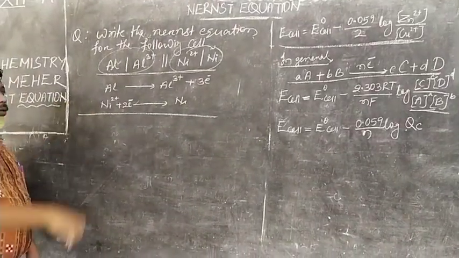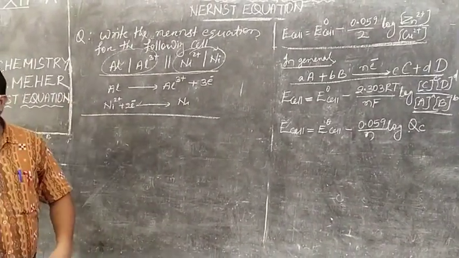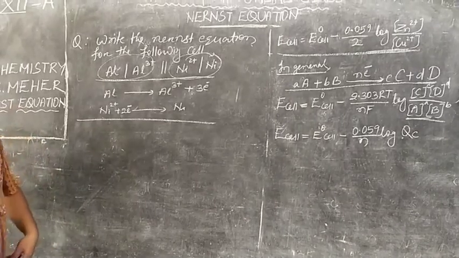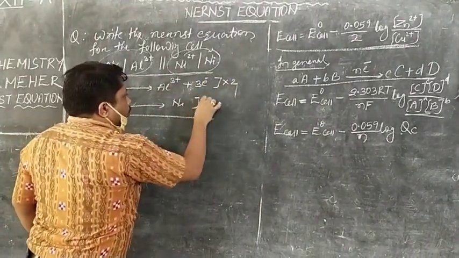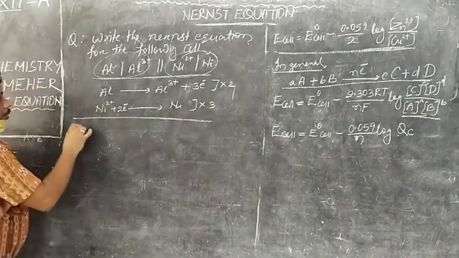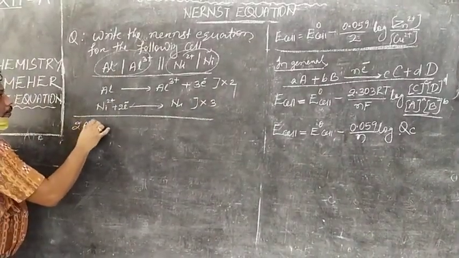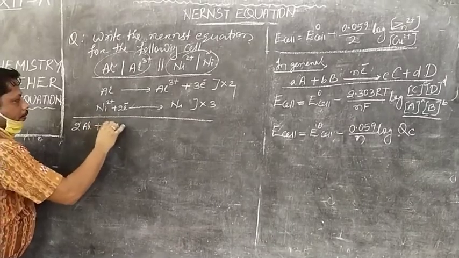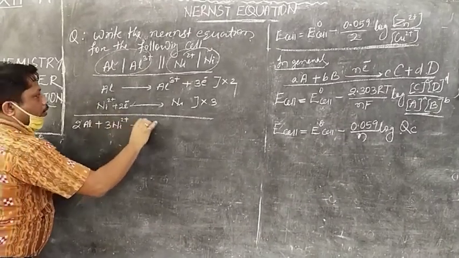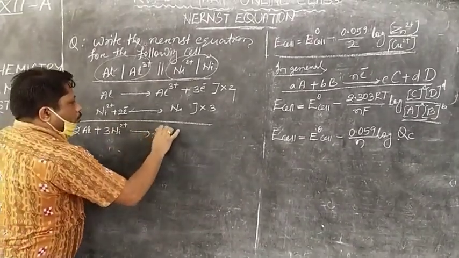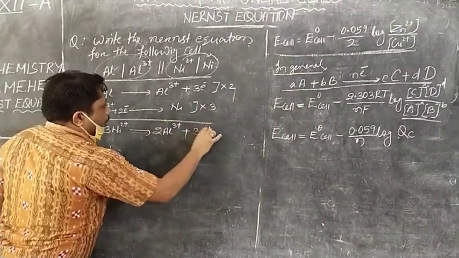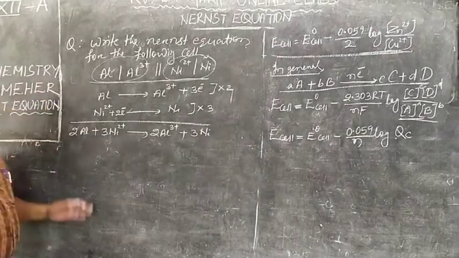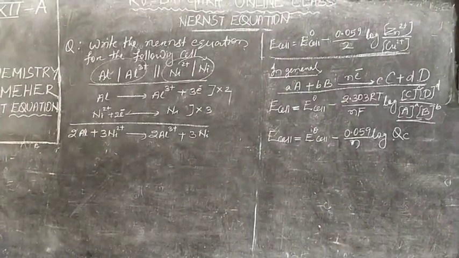How to make them equal? Yes, you multiply this with 2 and this with 3 and add. So it will be 2Al plus 3Ni2 plus gives rise to 2Al3 plus plus 3Ni.